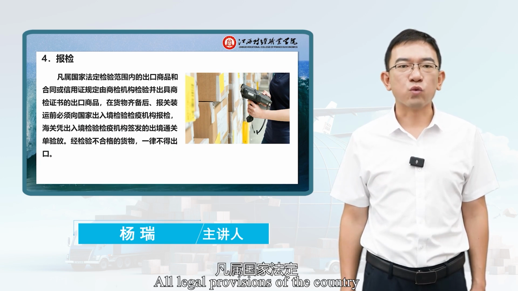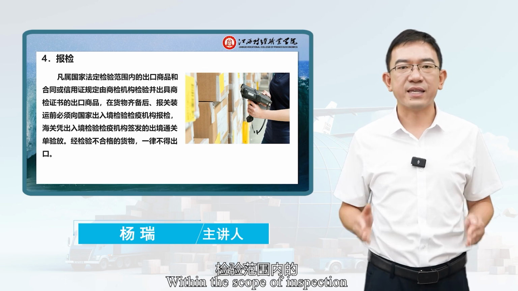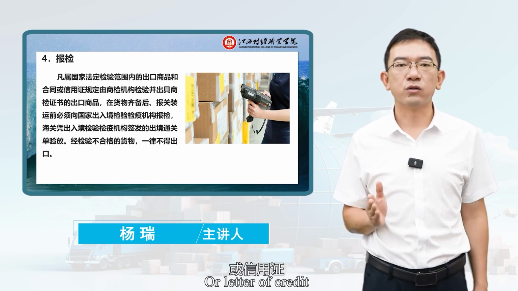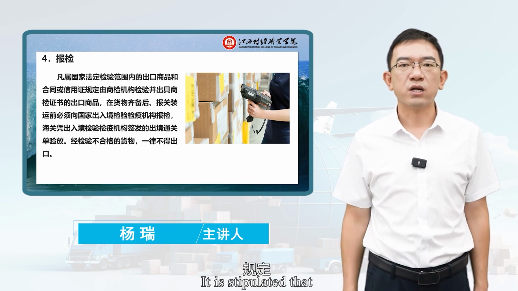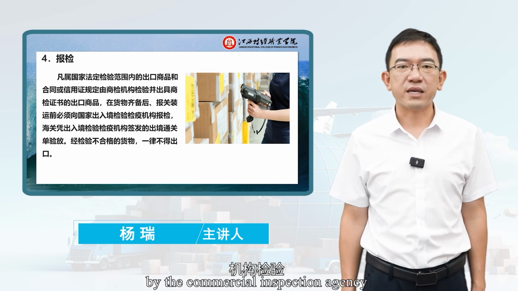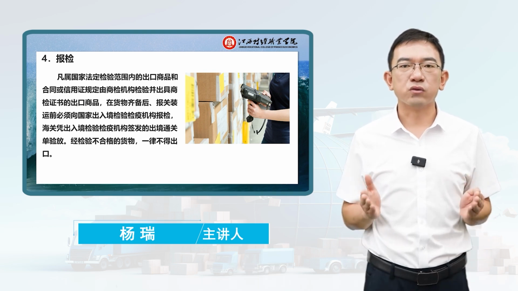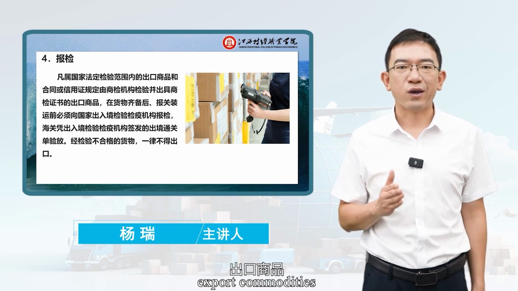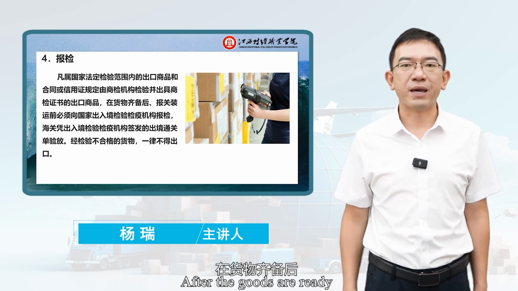4. Inspection report. All export commodities within the scope of legal inspection provisions of the country, or as stipulated in the contract or letter of credit, shall be inspected by the Commercial Inspection Agency, which issues a commercial inspection certificate after the goods are ready.